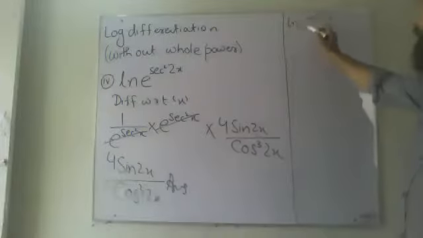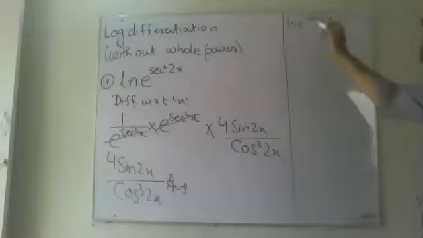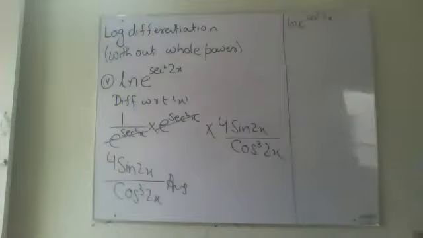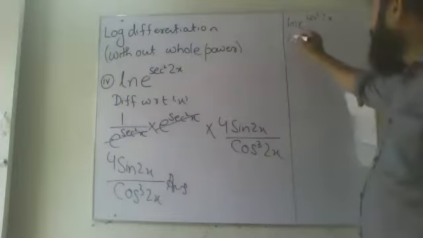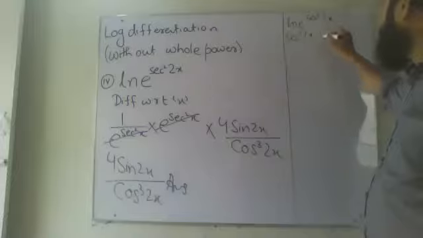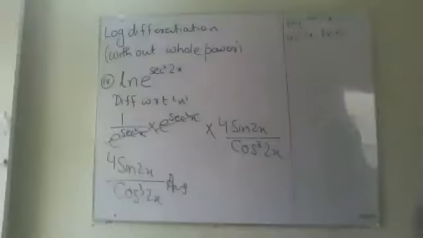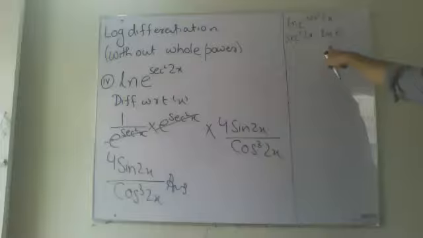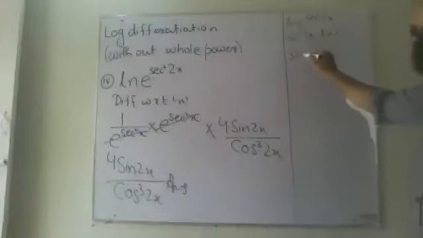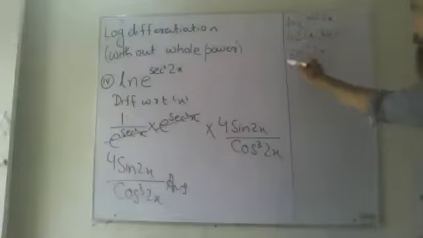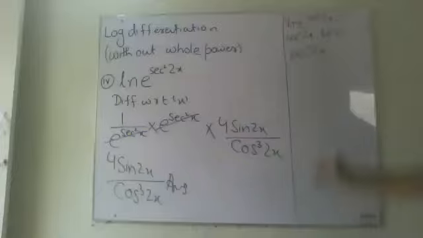So ln is there with exponential and power. If a log multiple has a power, power will be written before log: sec square 2x ln e. And ln e is equal to 1. We all know that. So sec square 2x.